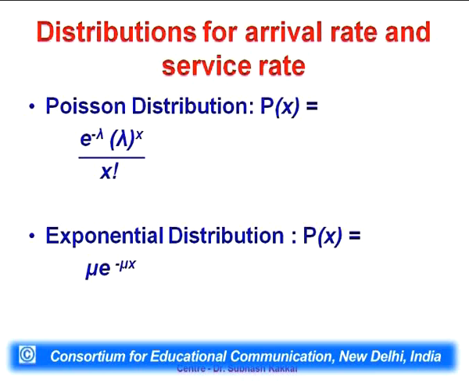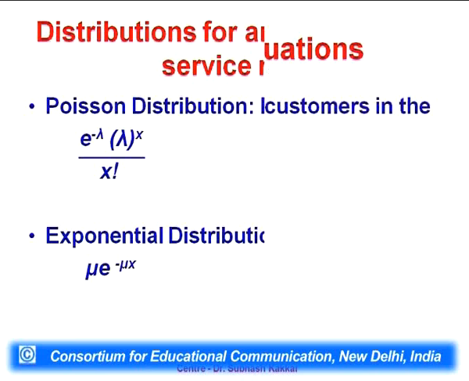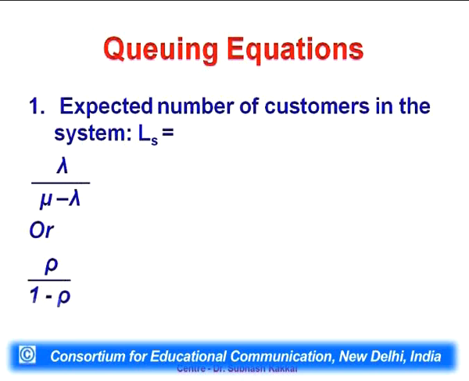Similarly, there is the explanation for exponential distribution. The formula for that is Px equal to mu into e raised to power minus mu x. Then there are certain formulas one has to remember, though one can calculate from 1 or 2 formulas, other formulas can be made.